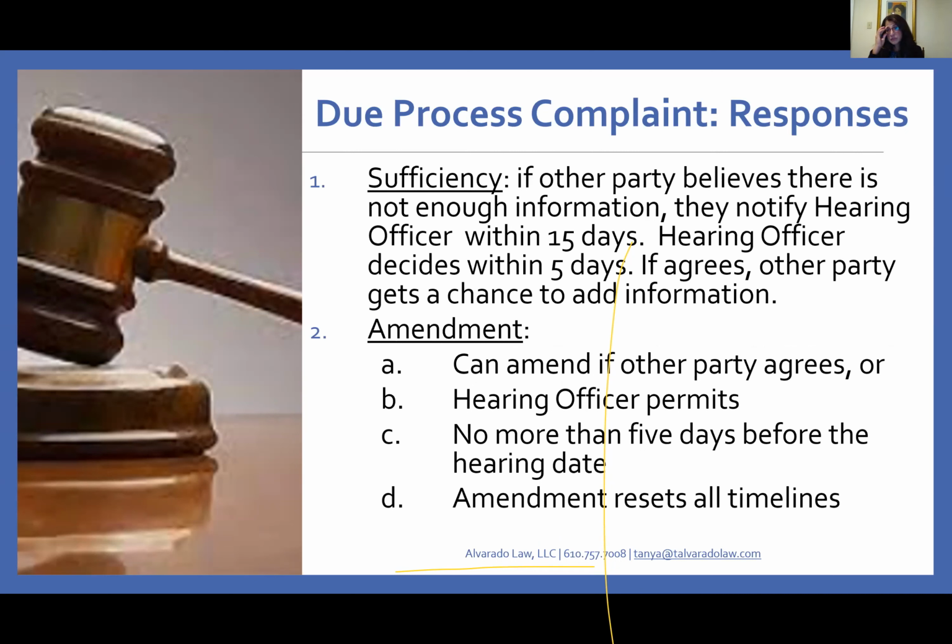Typically the hearing officers give you a chance to add information or correct whatever wasn't sufficient. And that's called an amendment. So if there's a sufficiency challenge and the hearing officer says we need more information, you can amend your complaint. It restarts all of the timelines. You can also amend your complaint at any time if the other side agrees.